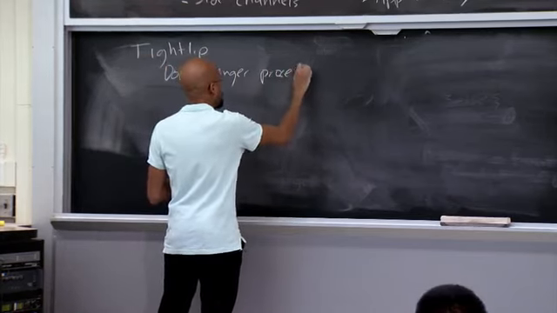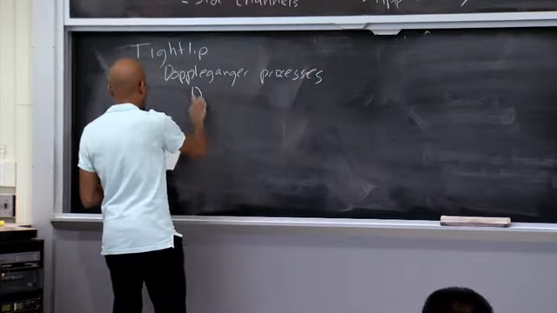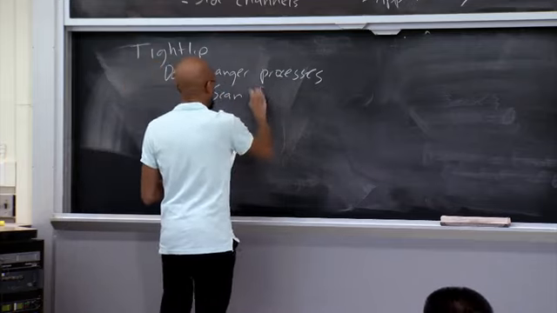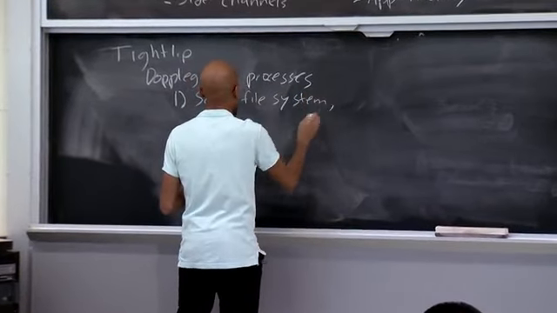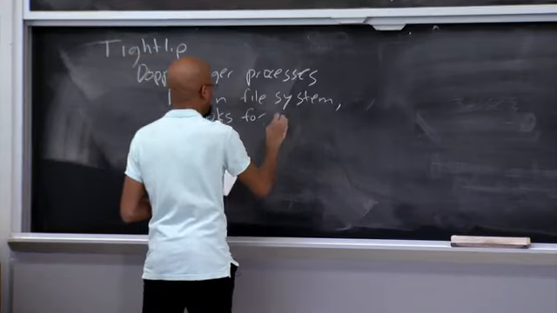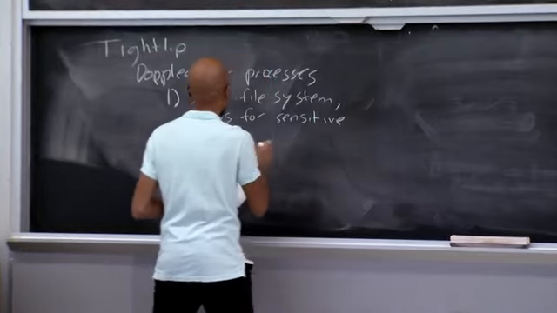And so taint uses doppelganger processes as follows. The first thing it does is periodically scan the user's file system, and look for sensitive file types. This might be things like your mail file, your word processing documents, and so on.